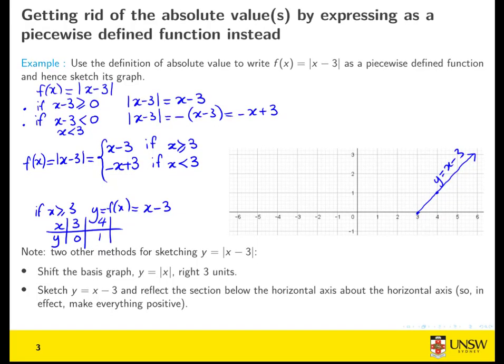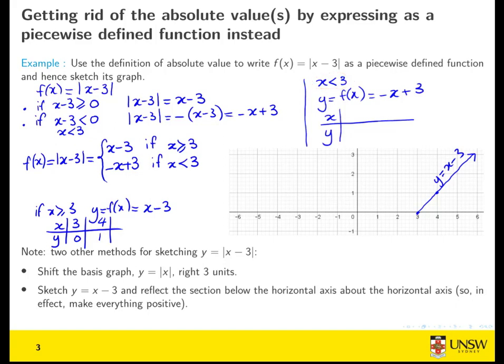Now let's look at what happens when x is less than 3. That's the other part of the graph. So our graph will be y is equal to f of x. And as we've seen earlier, that's minus x plus 3. We know that this is the equation of a straight line, and we can get this by picking a few values. I'm going to pick values which are less than 3 because of this constraint.